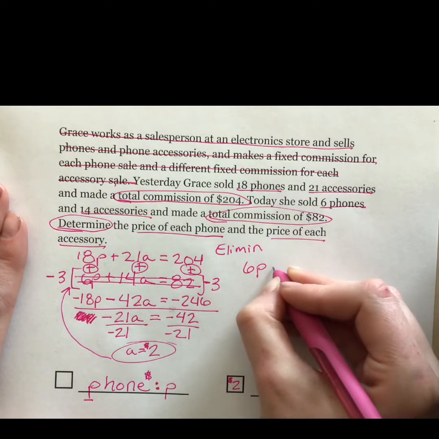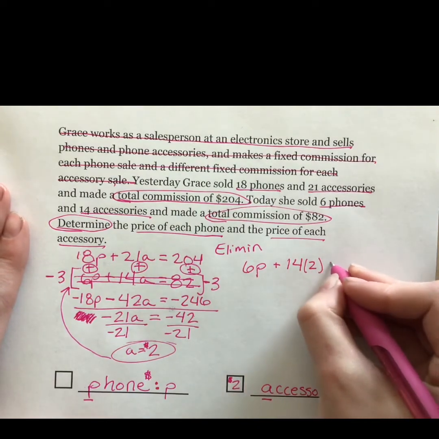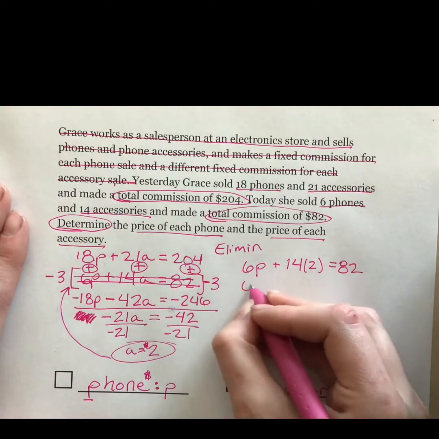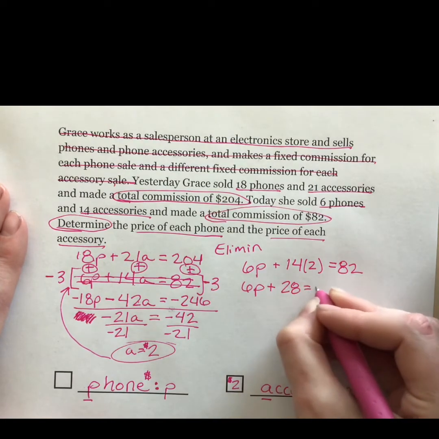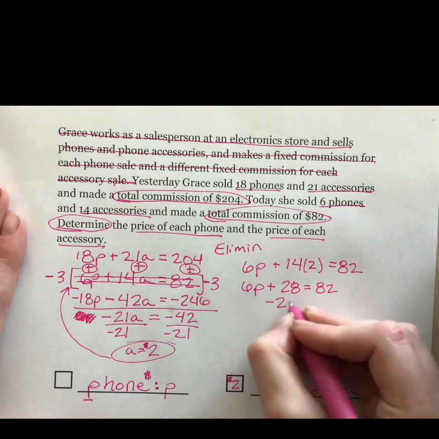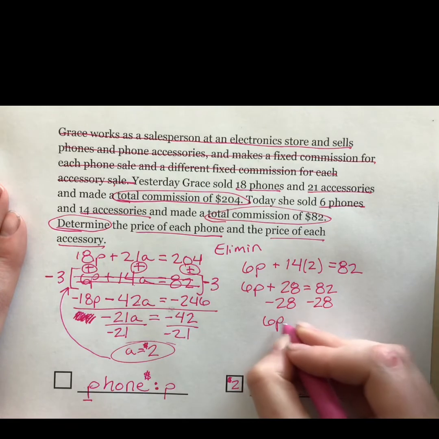So we have 6 phones plus 14 times $2 equals $82. So I'll get my 6 phones plus 14 times 2 is 28 equals 82. To get the phones by themselves, we minus 28 from both sides. We get 6 phones.